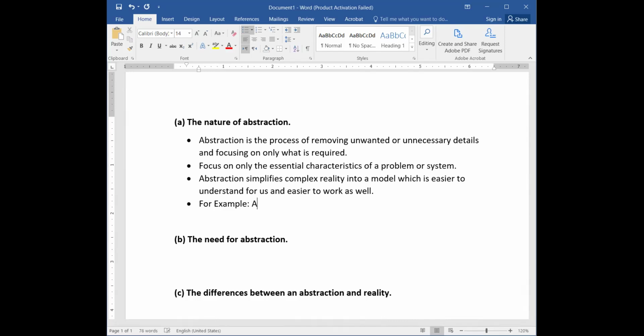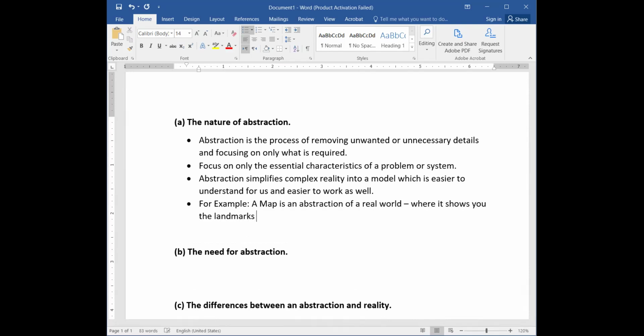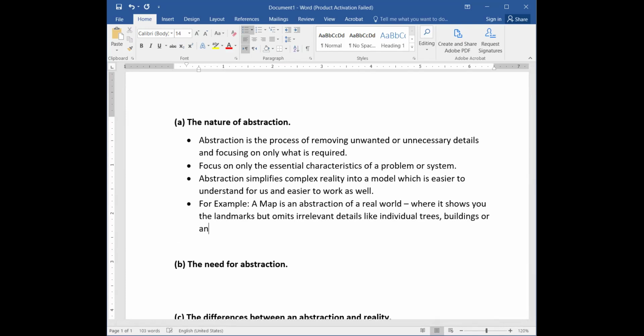For example, a map is an abstraction of the real world where it shows you the landmarks but omits irrelevant details like individual trees, buildings, or any unnecessary part, or you can say clouds as well, which is not necessary for you.